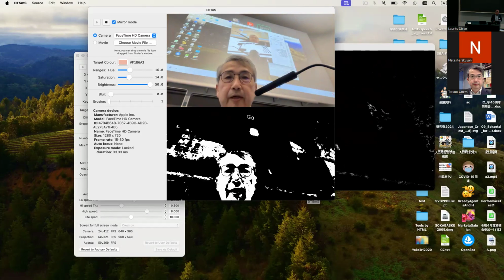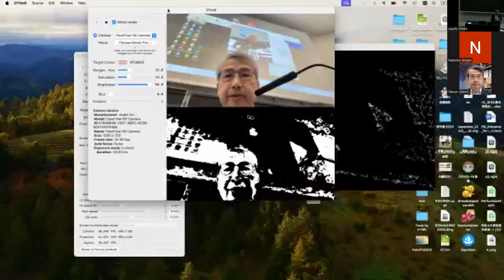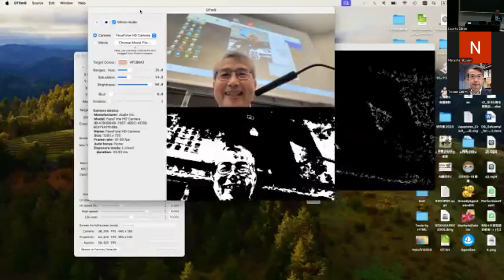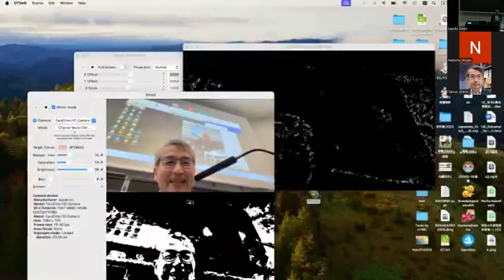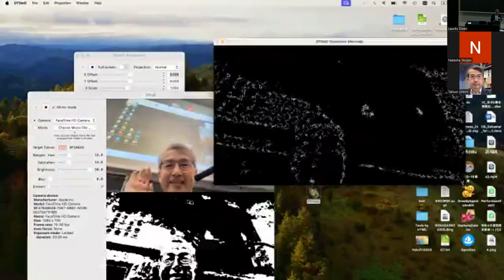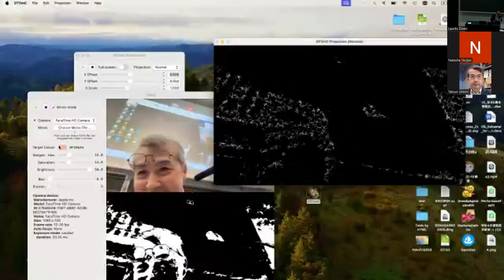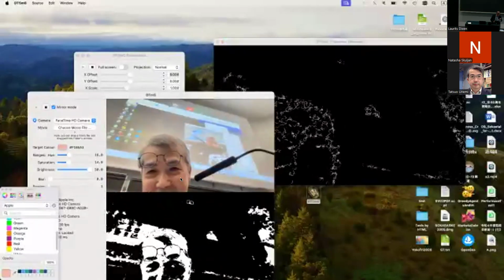Unfortunately, we have no infrared camera here, so it is just a way to manage it. They change the color target by face.